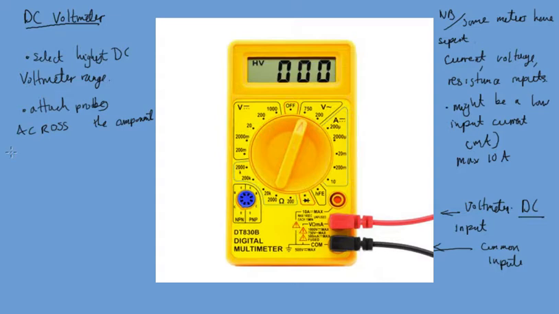It has to be across that component. And then you reduce the range to find the most accurate reading.